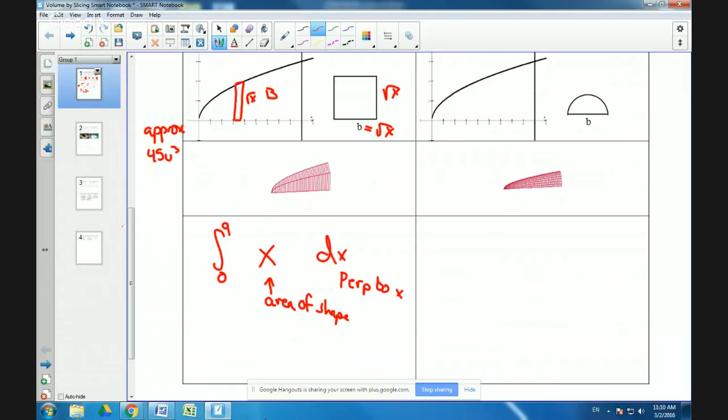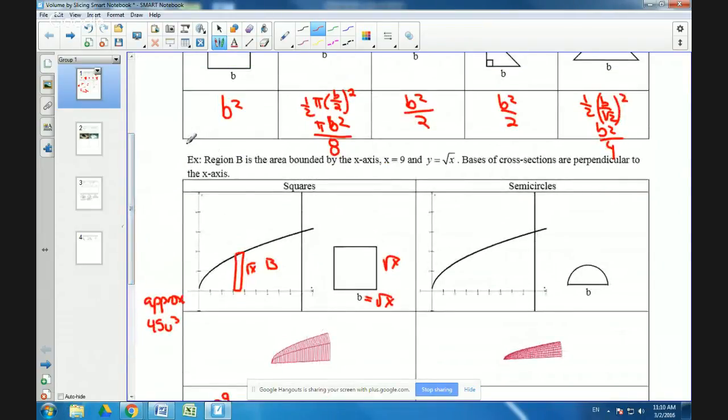That's what you plug in there. Yep. Integrate the area of the shape from 0 to 9. Have yourself your volume. So the b is equal to the function, the function height is your base. That's why we did all those area formulas up here. So it was kind of in your brains.